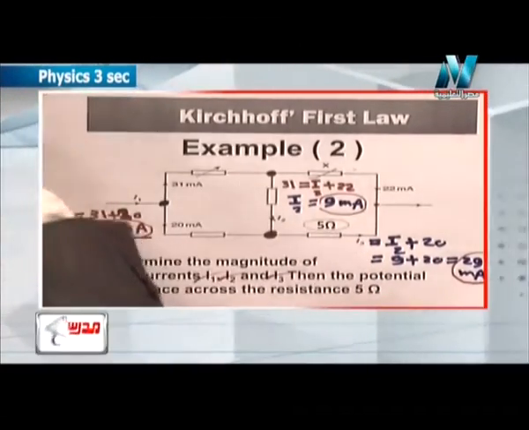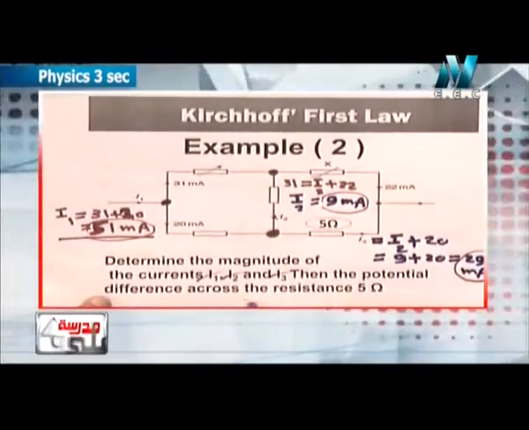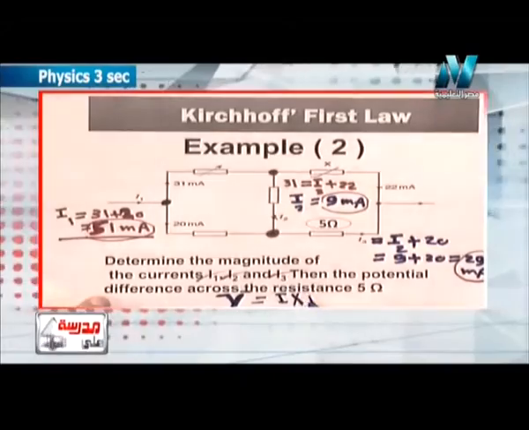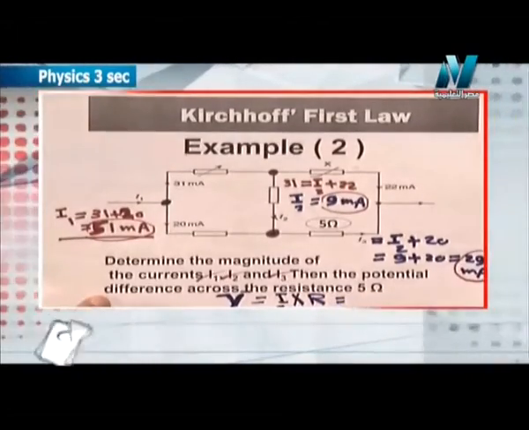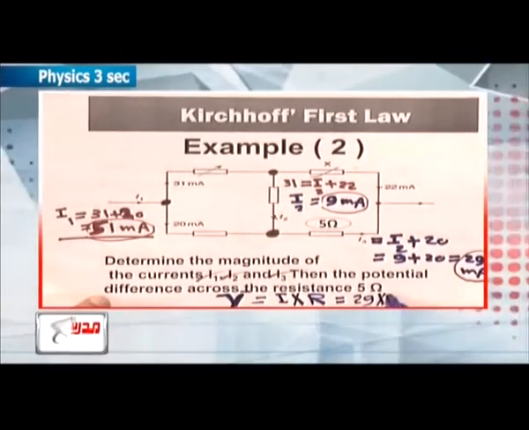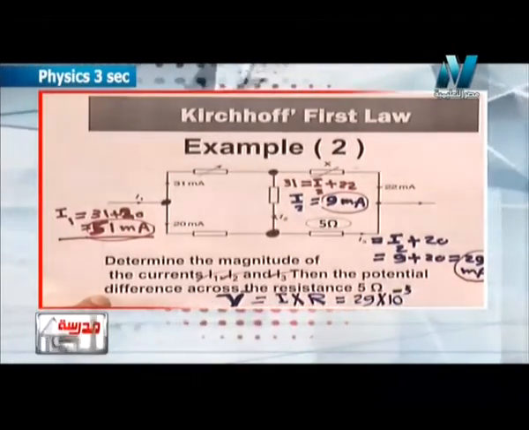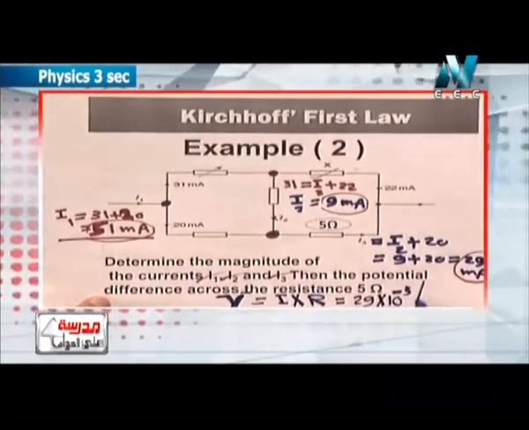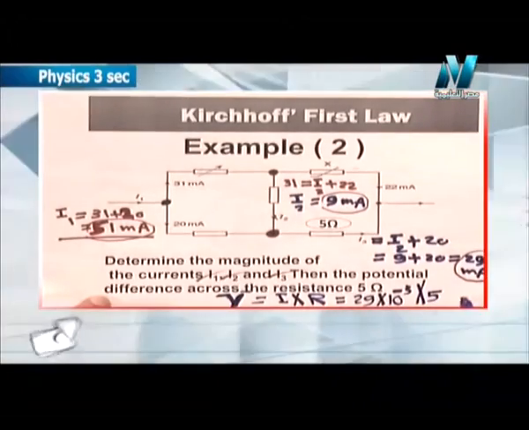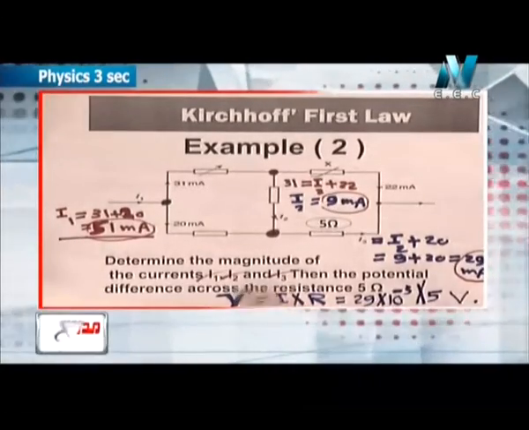According to our previous lessons, any potential difference equals I times R. So I here equals 29, but pay attention, you have to convert it into ampere by multiplying by 10 to the power negative 3, then times the value of the resistance itself, 5. By calculation, we can get the potential difference across the resistance.